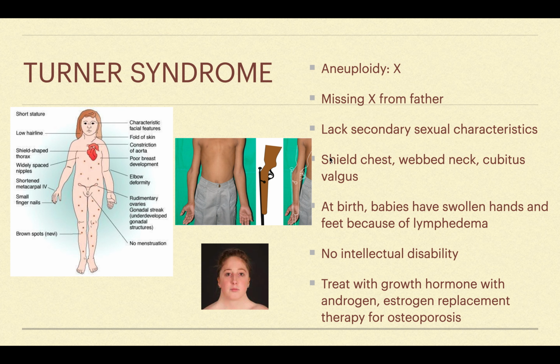They also have a shield chest. Remember, it's a very broad, short chest, with wide-spaced nipples. It's really defined by the webbed neck. Look at this neck. It also has something called cubitus valgus. So that's where the arm is abnormally supinated.